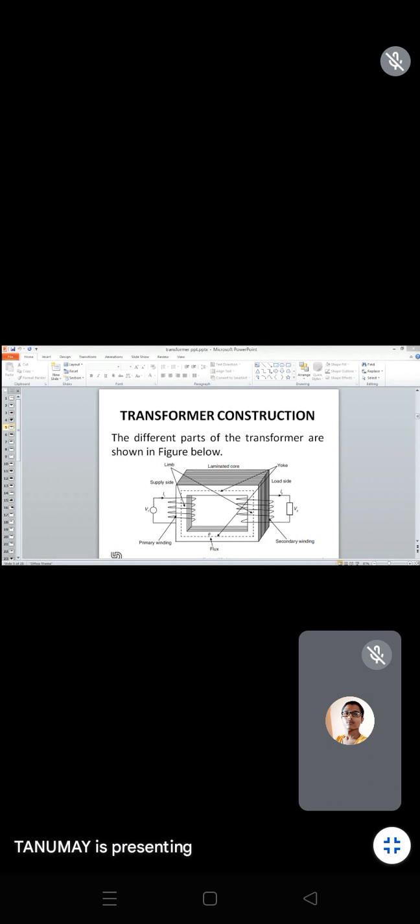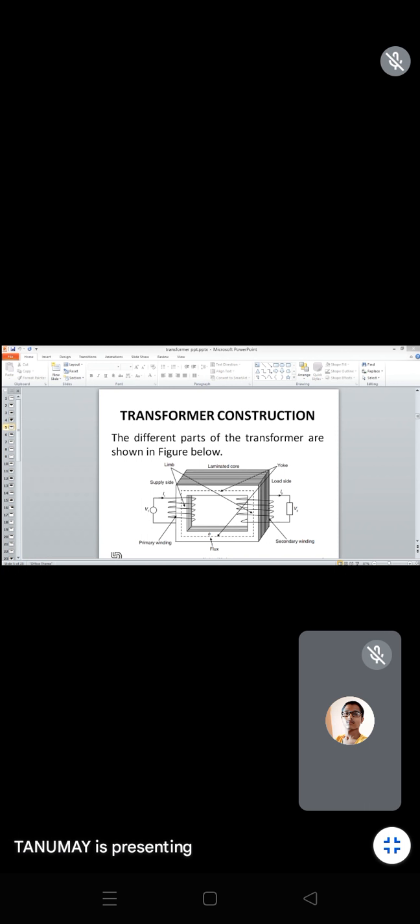That current produces a magnetic flux in the transformer core, as it is a magnetic material. Through this material, the magnetic flux flows from primary winding to secondary winding, and then from secondary winding back to primary winding.